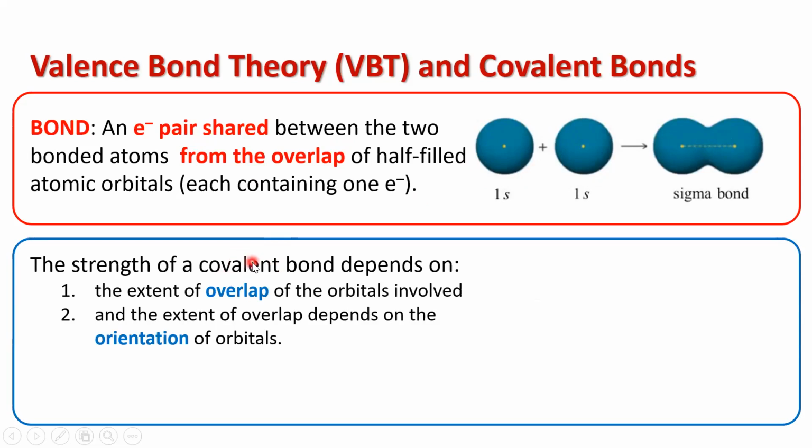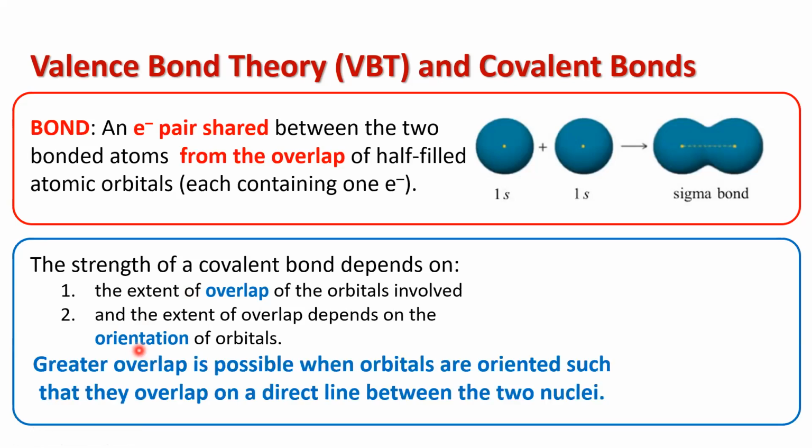The strength of that bond is dependent on the extent of the overlap, and the extent of the overlap is dependent on the orientation of the orbitals. The greater the overlap, the stronger the bond is going to be, and that's when they're directly lined up with each other.